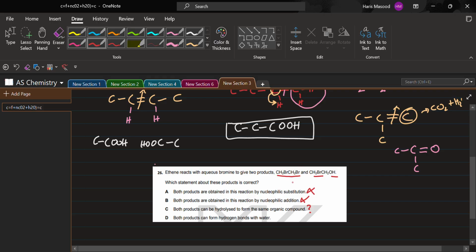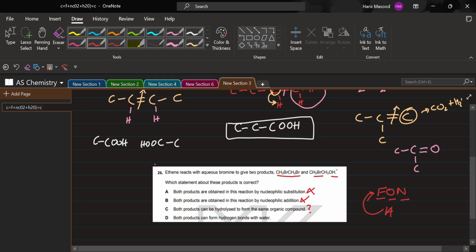We have to see for hydrogen bonds, two conditions you should remember. One is that one of these three elements must be present. FON means fluorine, oxygen and nitrogen must be present in that compound, and also hydrogen should be attached to any of these FON.